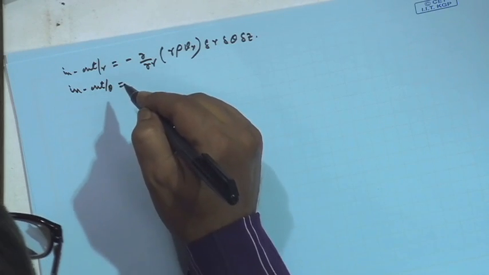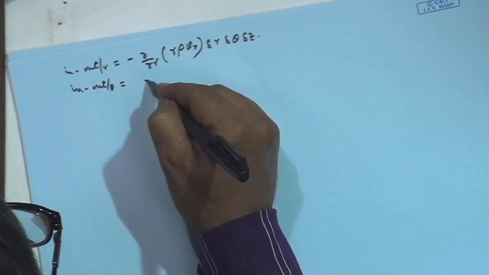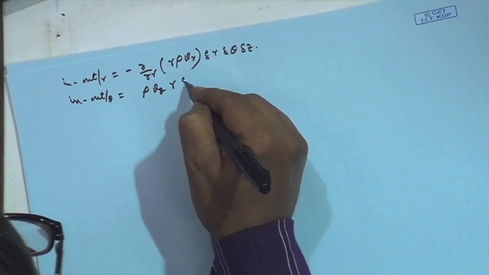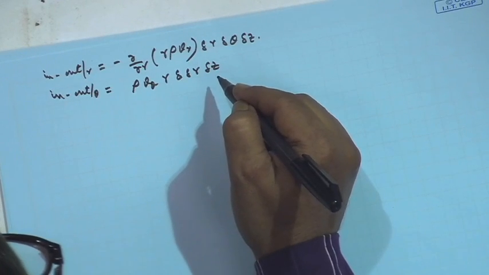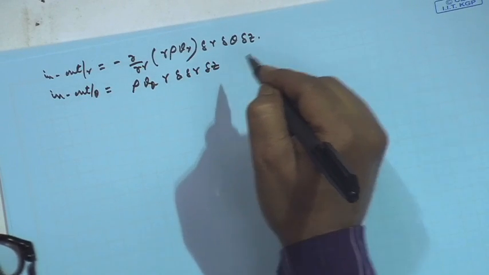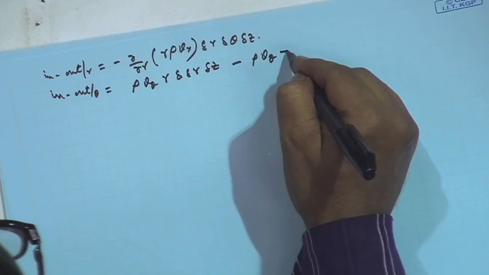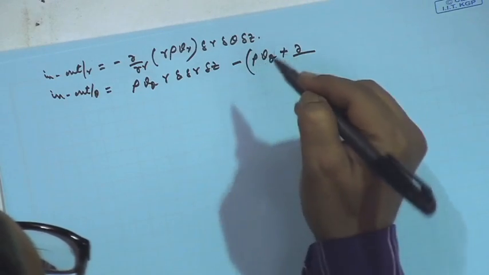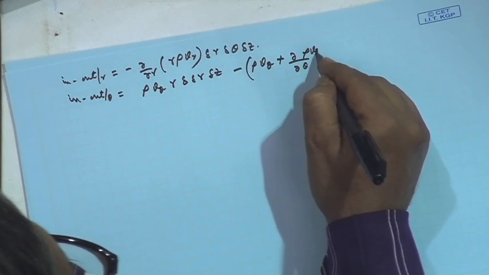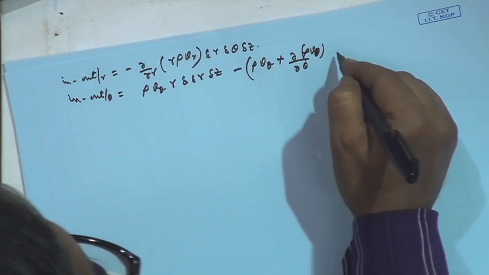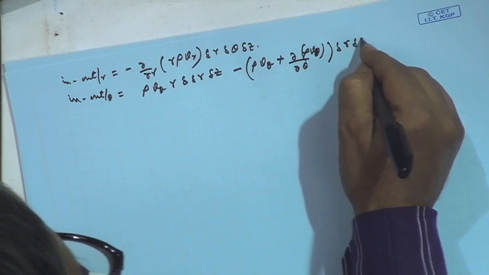Okay, let us do this way, that in minus out this way, in will be rho V theta r del z, rho V theta r del z, and out will be rho V theta plus del theta of rho V theta into del r del z, right.